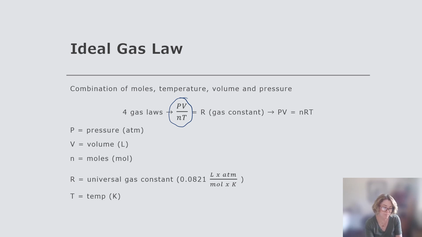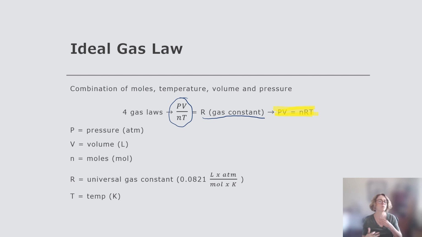If I take my values and plug them in, I will consistently get the same number over and over again, and that is R, also known as the gas constant. And so my ideal gas law is PV equals nRT.